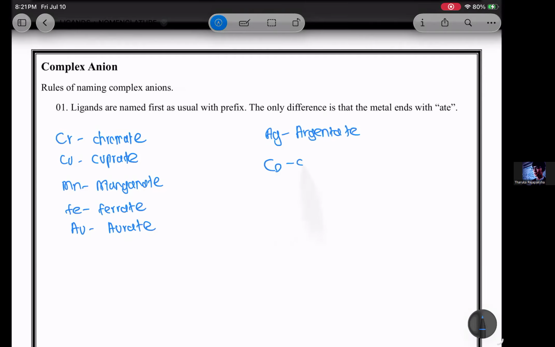Cobaltate. Hg is mercurate. Yeah, that's it. Chromium chromate, copper cuprate, manganese manganate, iron ferrate, gold aurate, silver argentate, cobaltate, Hg mercurate.